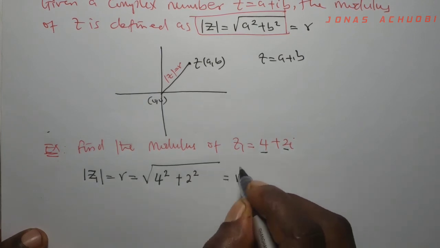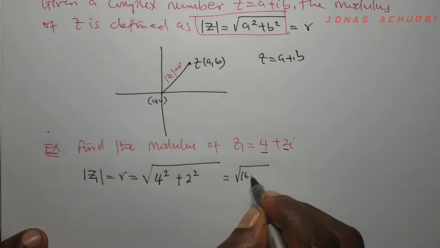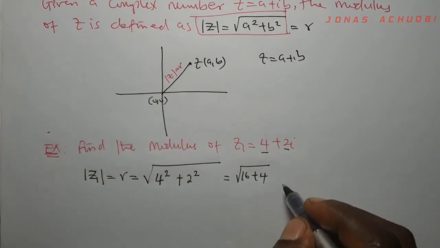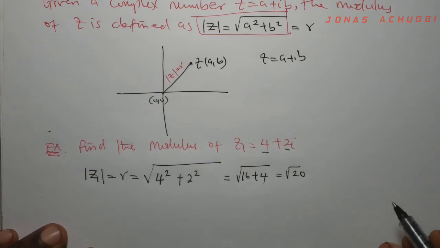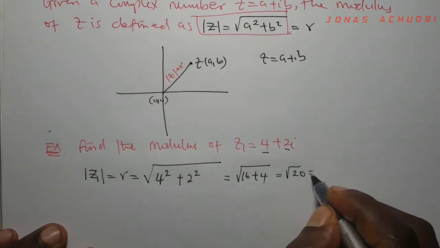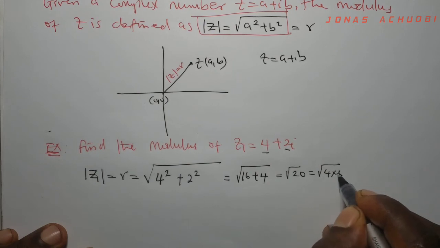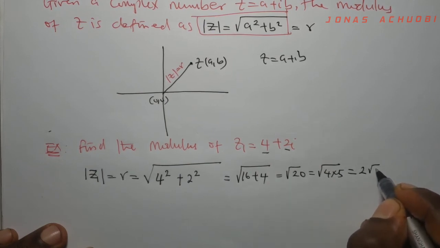That becomes the square root of 16 plus 4, which is the square root of 20. We can write this as the square root of 4 times 5, and that gives us 2 root 5.